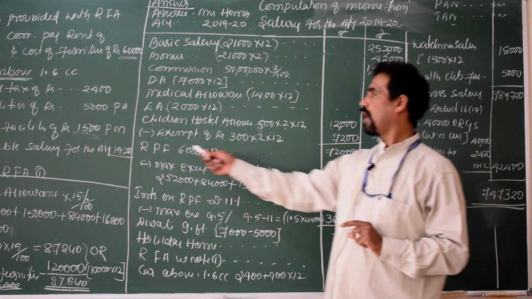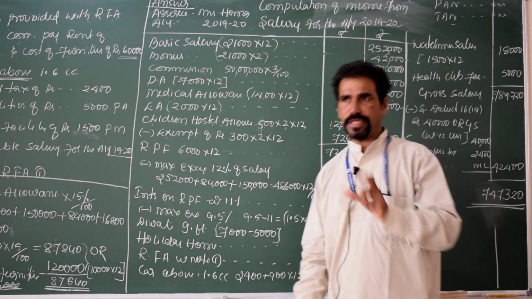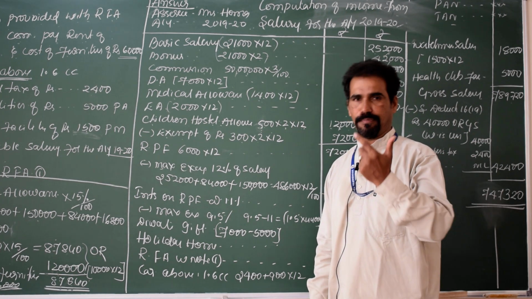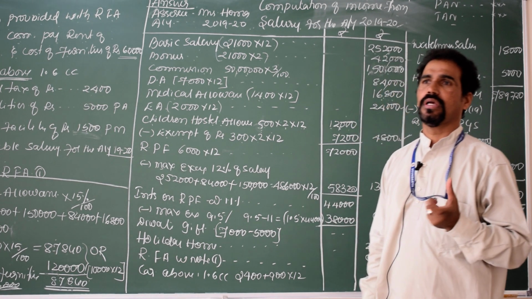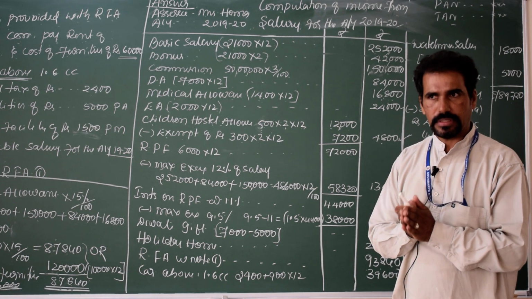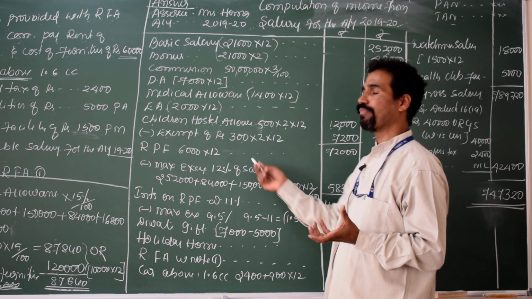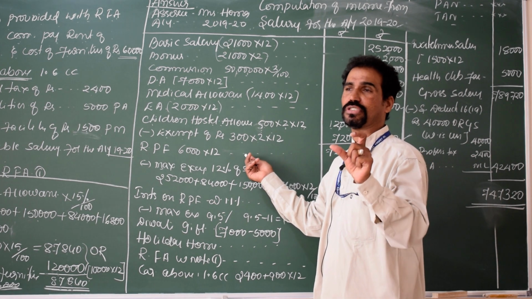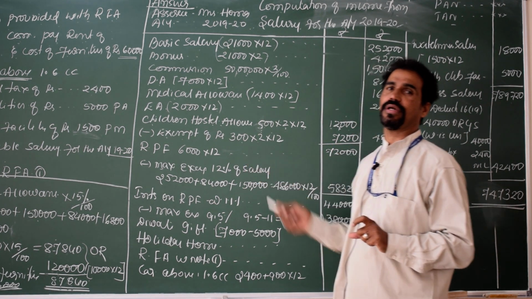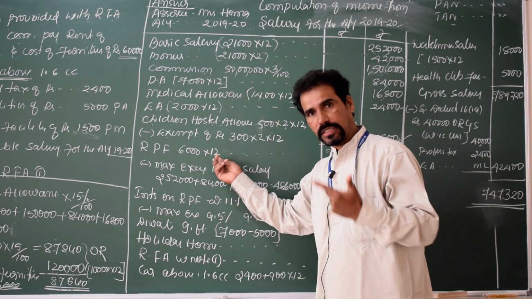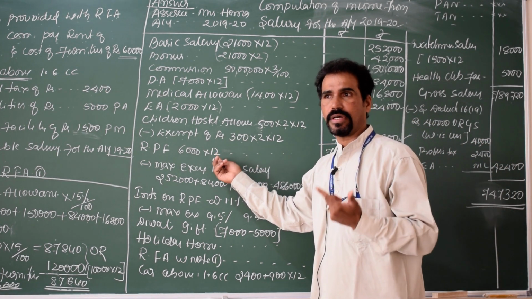Next, RPF. RPF is provided by the employer and employee, meaning deduction from the contribution by the employer and employee. Only the employer contribution is taxable, not the employee's, because the employee's contribution is part of the salary.